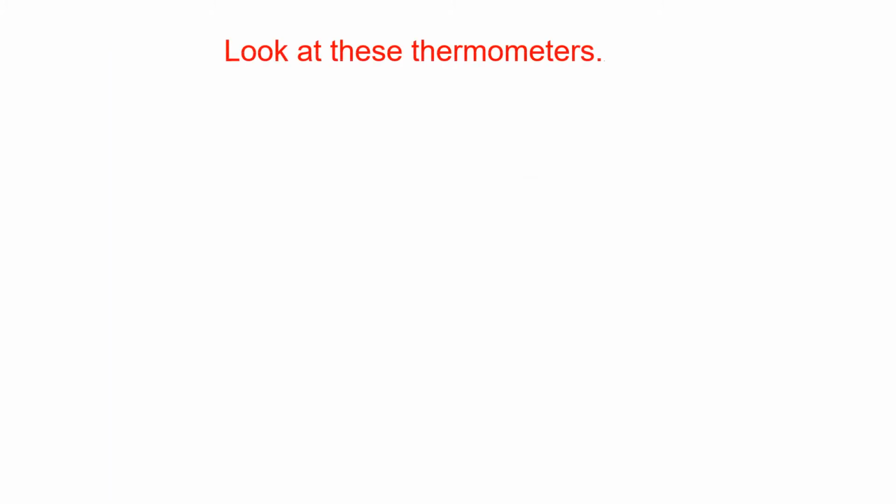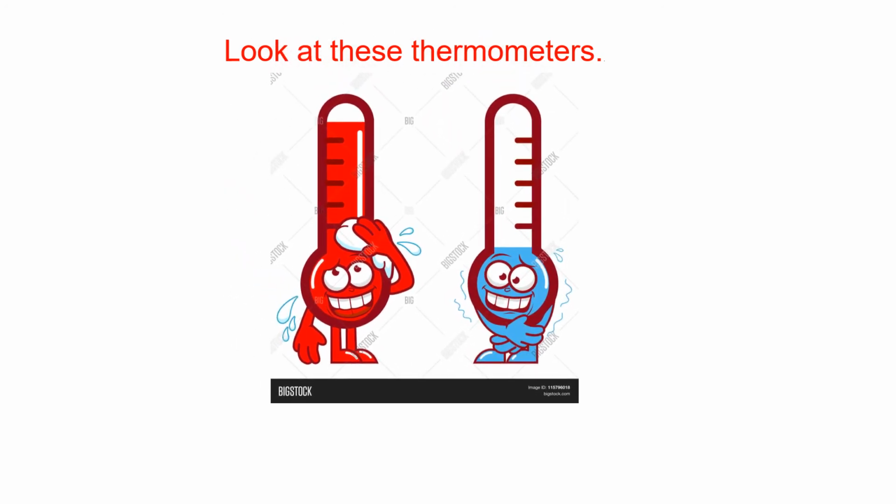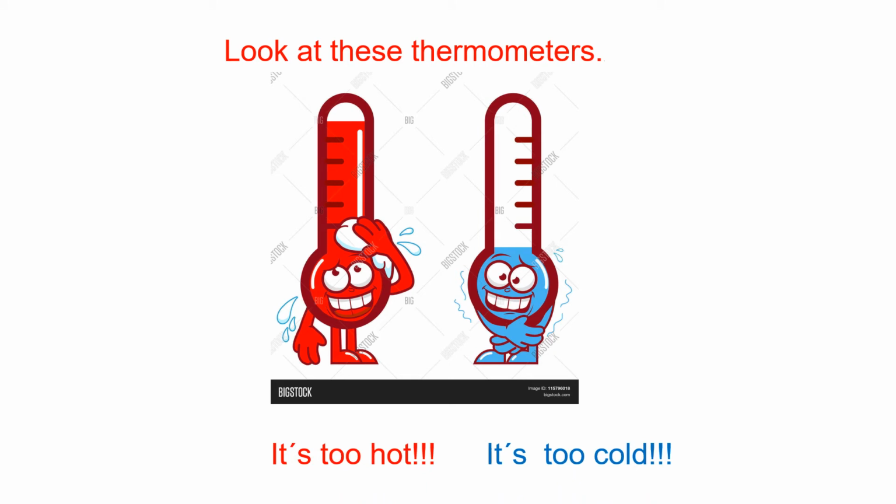Now let's continue. Now look at these thermometers. Wow, they are two thermometers. One is red and the other one is blue. When the thermometer is red and when it's too hot, we say, oh my God, today the weather is really hot.